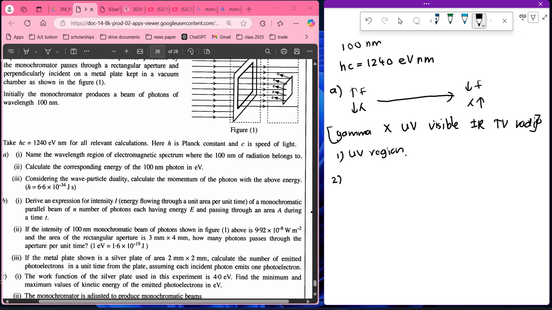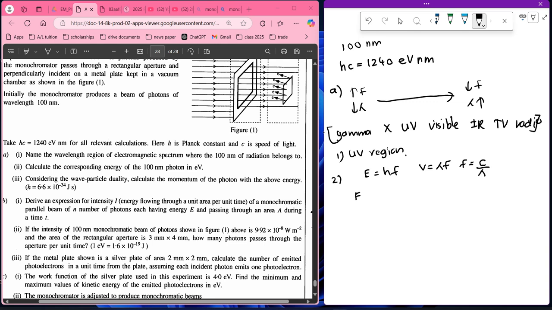Then number 2, calculate the corresponding energy of the 100 nanometer photons in electron volts. So we know that if the Planck constant is H, the energy of waves with frequency F, we know the relationship E equals HF. We also know the very famous equation which comes under waves and oscillations, V equals lambda F, and so we can make F the subject, where V is the velocity of light, so C divided by lambda.